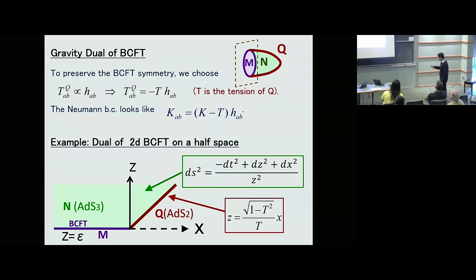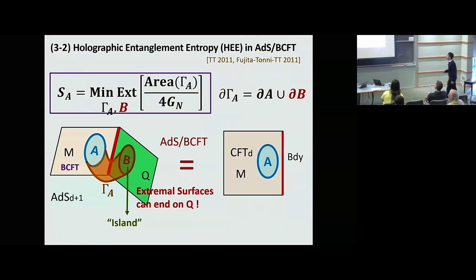But here in this setup, how can we calculate entanglement entropy? This is basically very similar to the usual holographic entanglement entropy, namely given by some minimal area surface or extremal surface area. But there is one very important new ingredient. We have some anti-de Sitter space here, and this is a boundary where the BCFT lives, the upper half plane. There is an end of the world brane, which extends from this boundary of the BCFT.